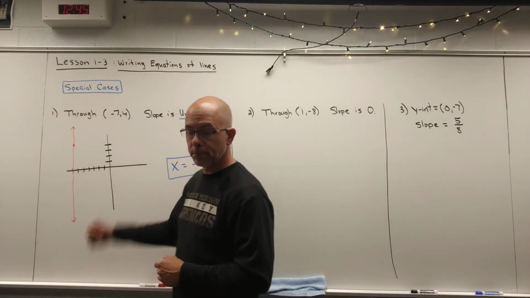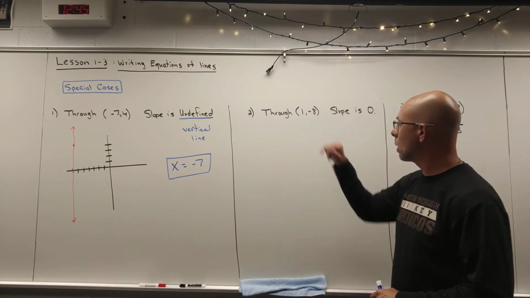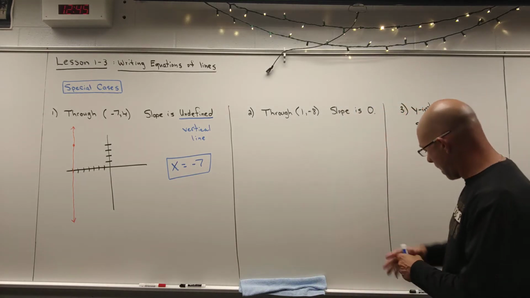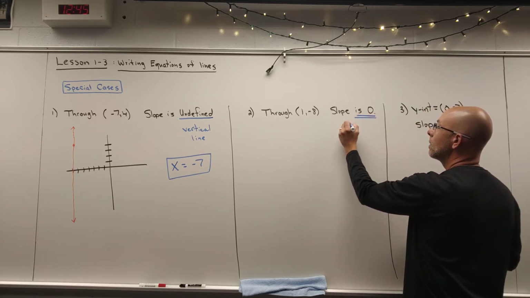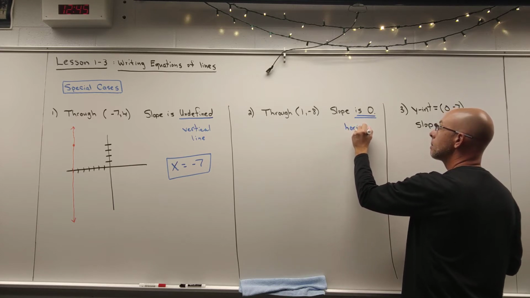Horizontals hit the y. Now, let's go to this one, because I can actually do this one of 2 ways. I'm going to do it the way I would like you to do, because the minute I see the slope is 0, that's horizontal line.